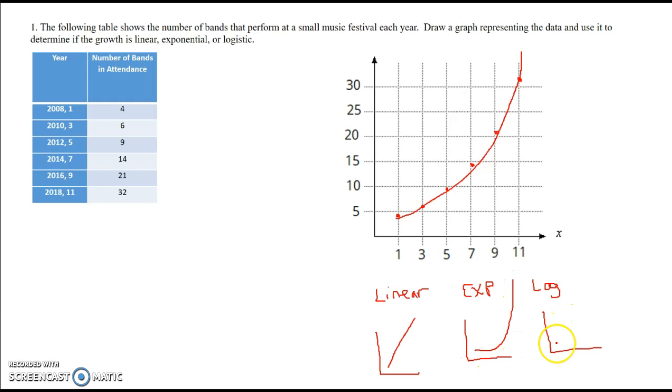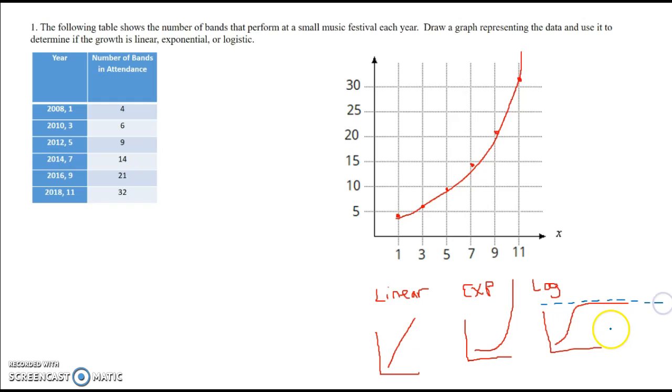And then logistic growth is growth that would start out linear, but based on environmental factors, logistic growth sort of tapers off after a while, because logistic growth usually happens when we think about populations of animals. And what happens is there is an area where the environment can't sustain exponential growth.